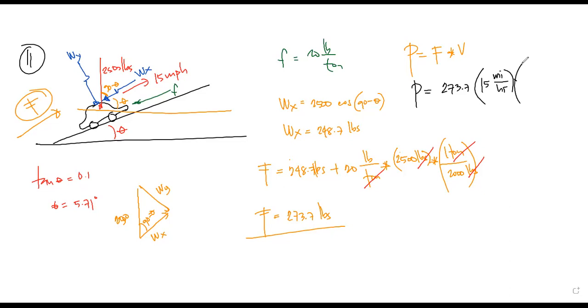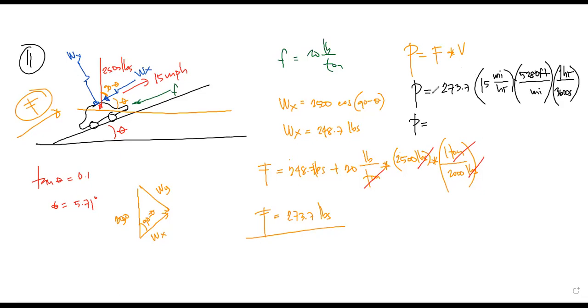Okay, so you have there 5,280 feet per mile. And then in 1 hour, so that's equivalent to 3,600 seconds. Okay. Power then, that is equivalent to 273.7 times 15 times 5,280 divided by 3,600.